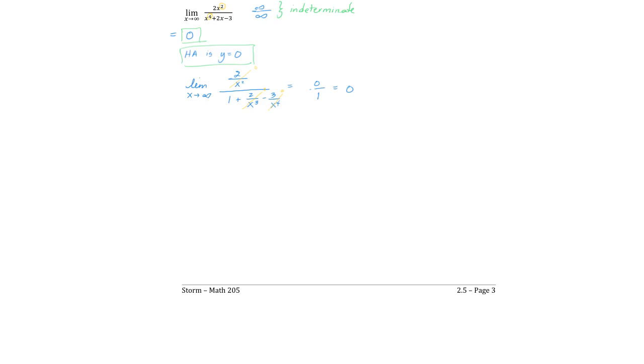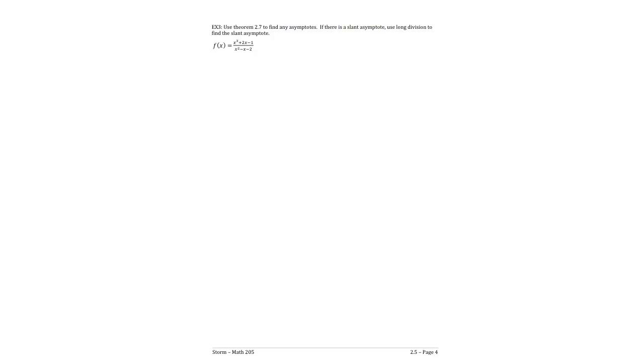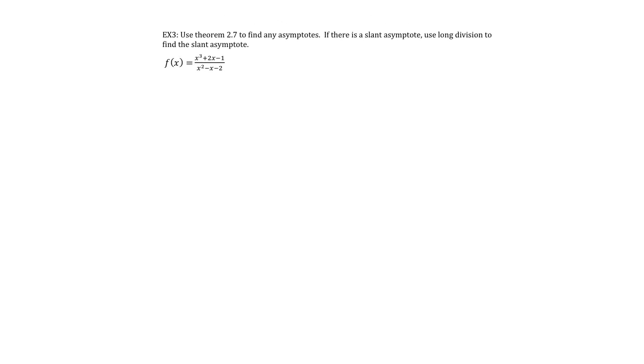So now we're going to put all this together with another example. The example on the next page. We're going to use the theorem to find any asymptote, so horizontal, vertical, slant. And if there is a slant asymptote, we're going to use long division to find it. So that would be something that you might have seen in your algebra course.